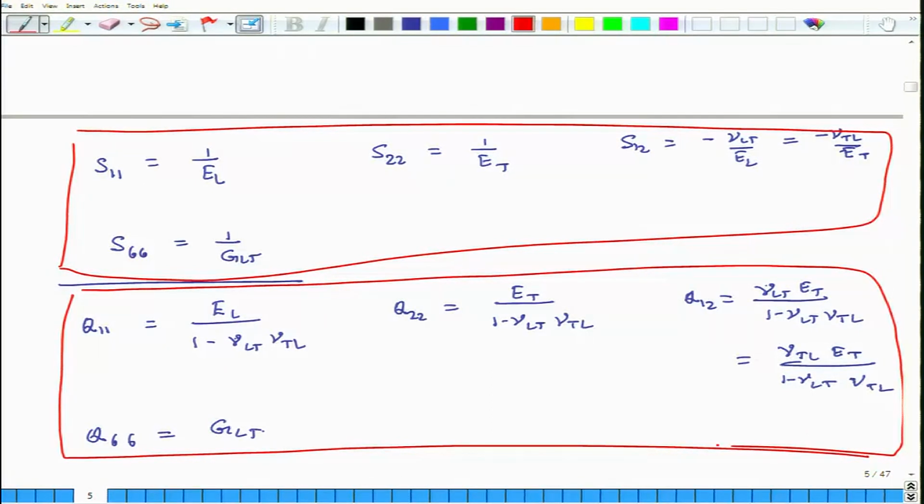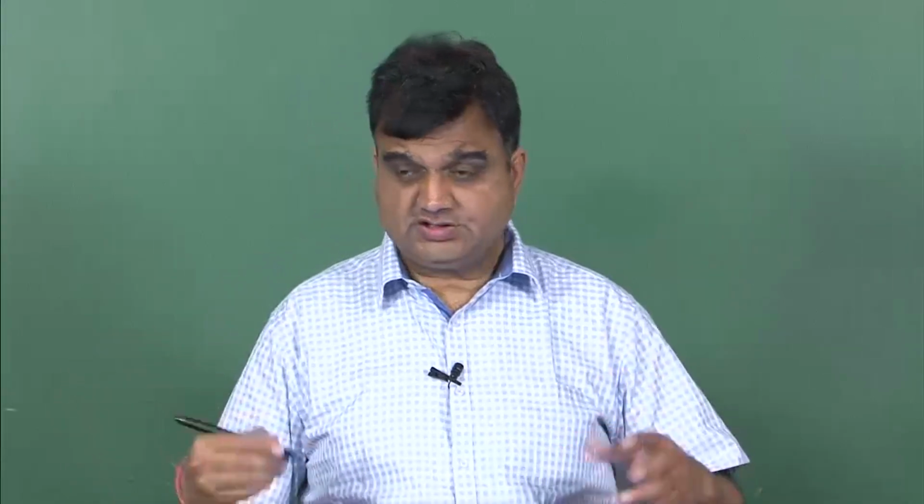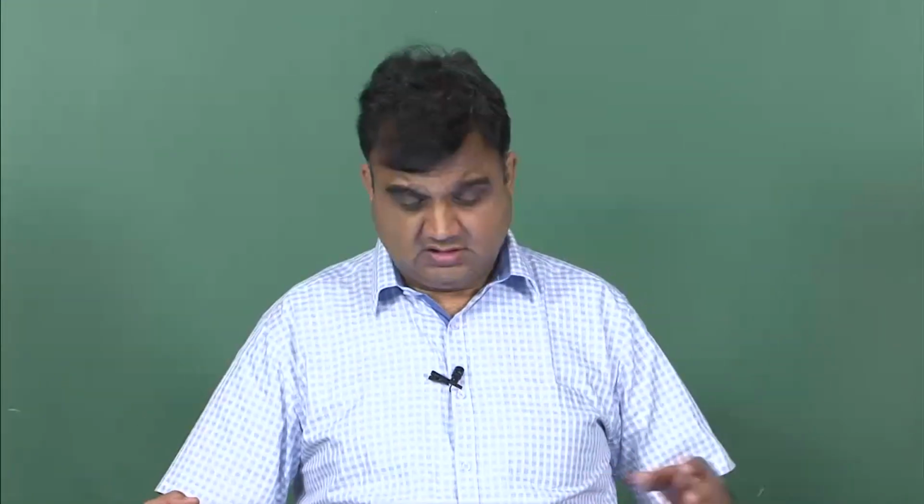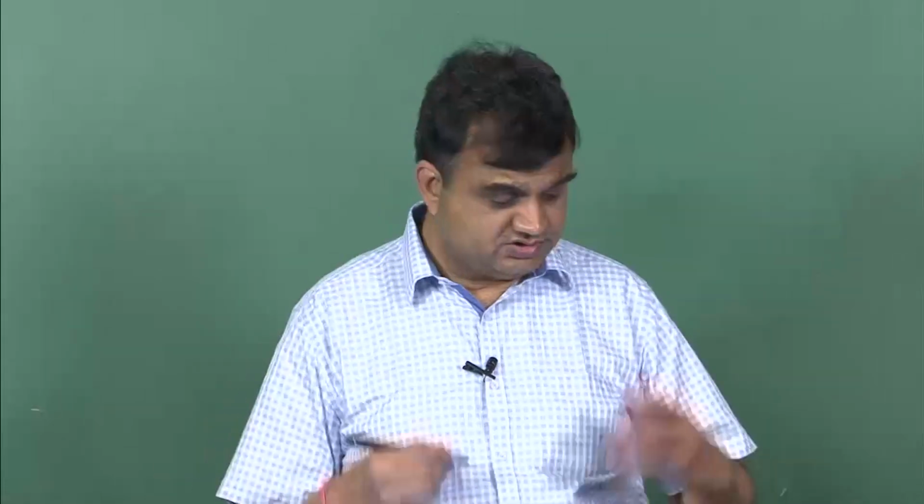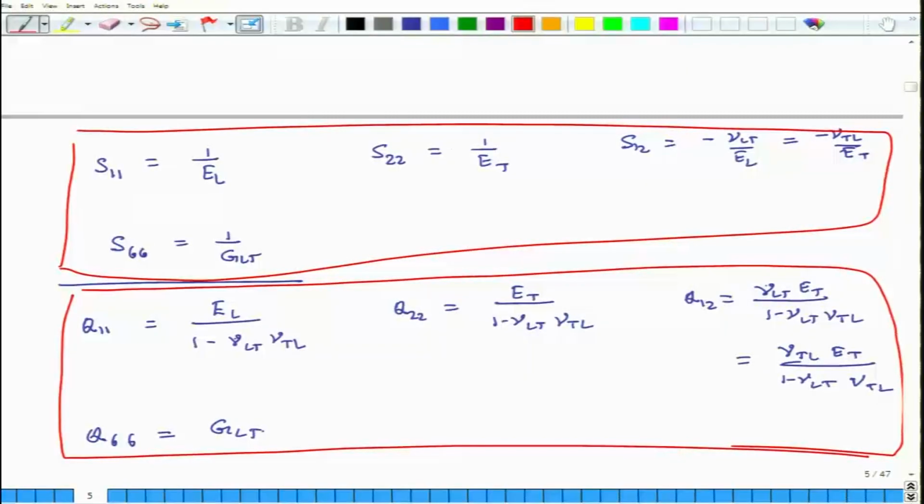So, we have all sorts of relationships. So, if we have knowledge of even one set of constants, then from that we can calculate all other constants by using these simple relations. So, this concludes our discussion for today.